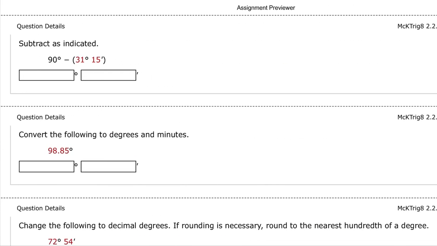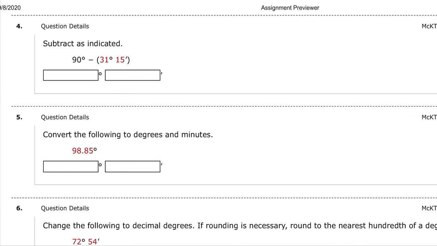All right, now when you're subtracting these kind of values, this gets a little tricky here because there's no minutes to subtract from. So what you want to do here is break this down into 89 degrees and 60 minutes. Because 60 minutes is 1 degree, this is really the same thing as 90 degrees. We just rewrote it in a different way.